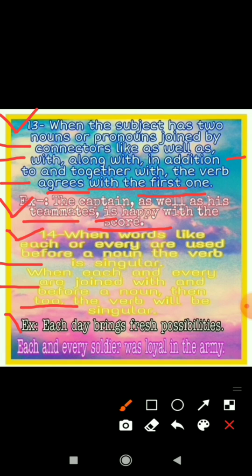Example, you can see, each day brings fresh possibilities. So here each is used before the noun, day is the noun, and according to it we have used a singular verb here, that is brings. Second example is each and every soldier was loyal in the army. So here what is the subject? The subject is soldier, which is a noun, and before the noun each and every is used, and then also we have used a singular verb here. Each and every soldier was loyal in the army.